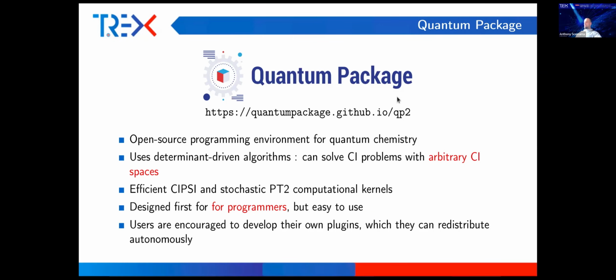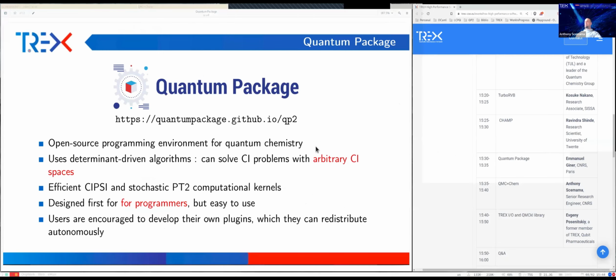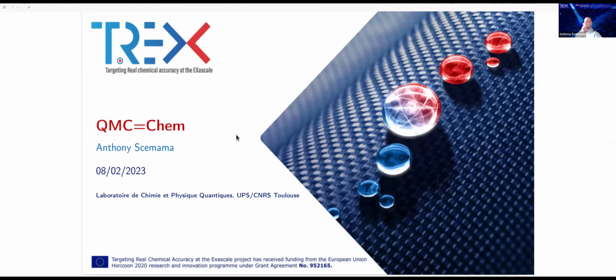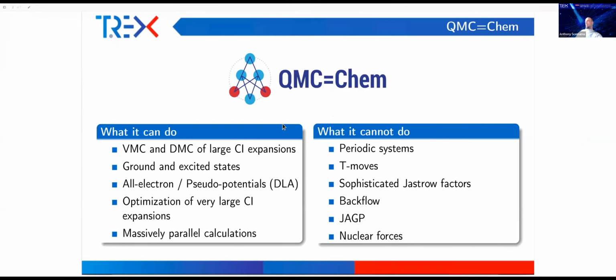It produces very accurate wave functions, and this is a good transition to go now to QMC-Chem. QMC-Chem is a quantum Monte Carlo code that can do very few things, but can do them very well. It can do VMC and DMC for very large CI expansions, ground and excited states, all-electron or pseudopotential calculations, but with the determinant localization approximation.